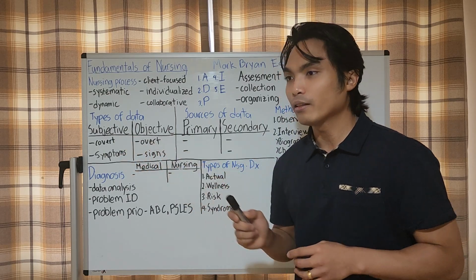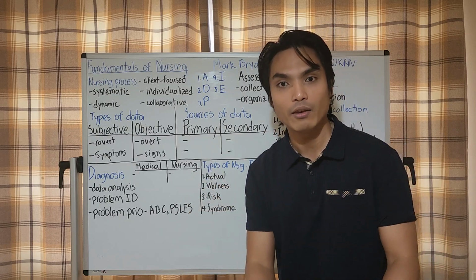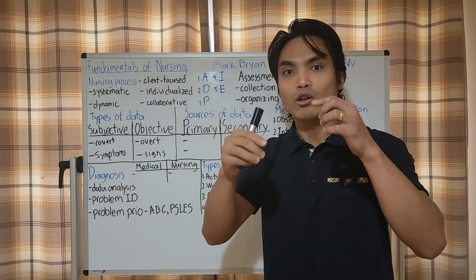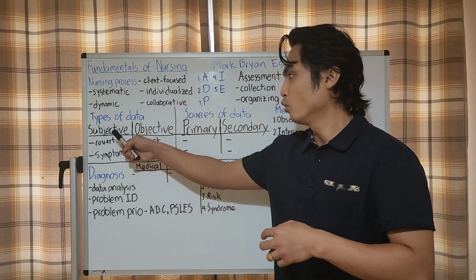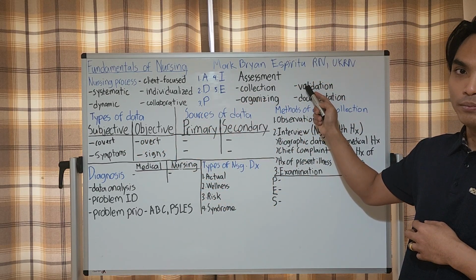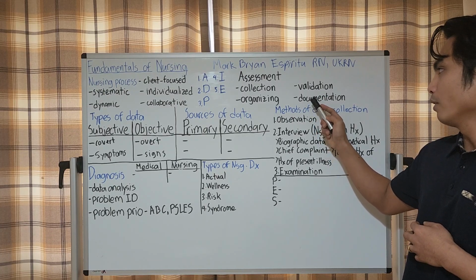So your objective data can be facial grimace or guarding behavior on her right knee. So they connect. Your nursing responsibility is to connect these two so that you can validate the information. And last one is documentation. Very important.